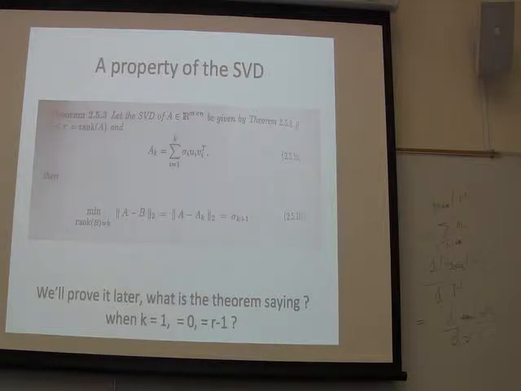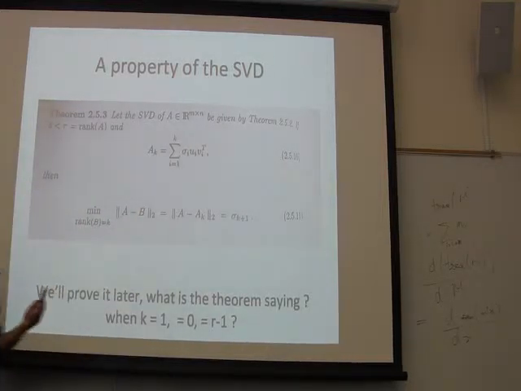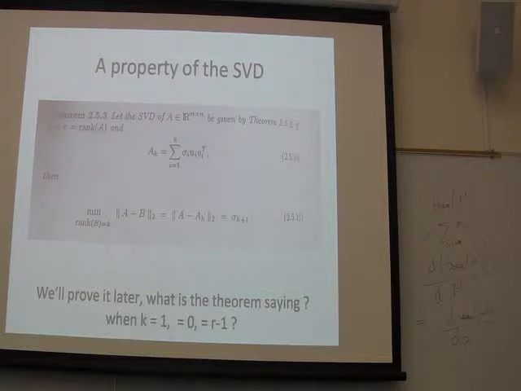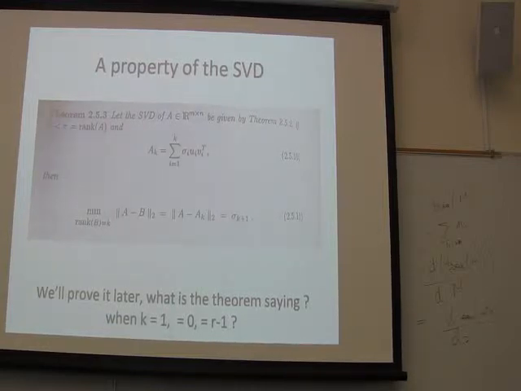And so what this is saying is that in the space of R^(m×n), like in that Euclidean space, you consider these subspaces of matrices of different ranks.